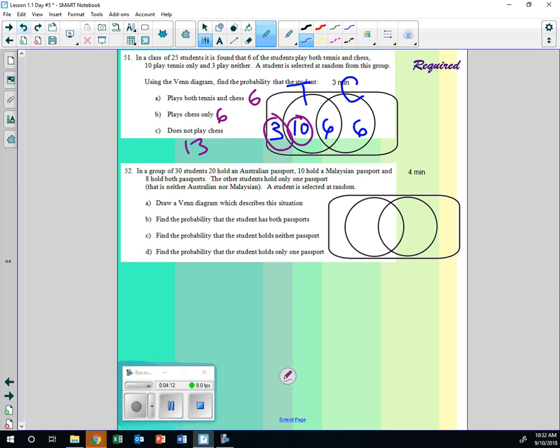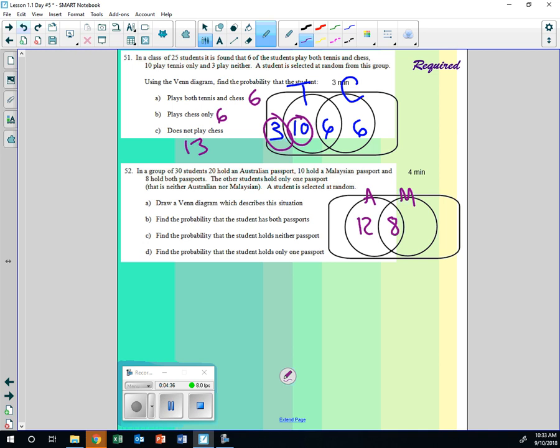Real quickly, this one, Australian passport, Malaysian passport. We've got the Venn diagram. Now let's put the numbers in. It looks like 8 have both, and 20 have the Australian one. So if this is 8, to get to 20, what will the rest be? Australian only is 12.